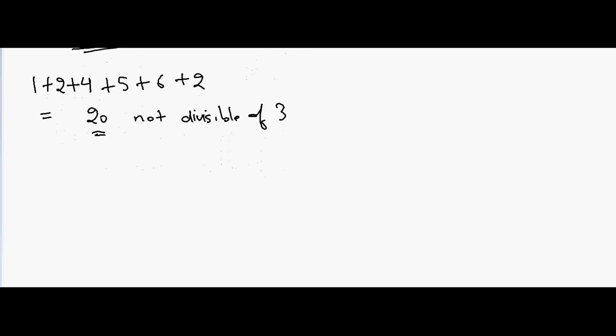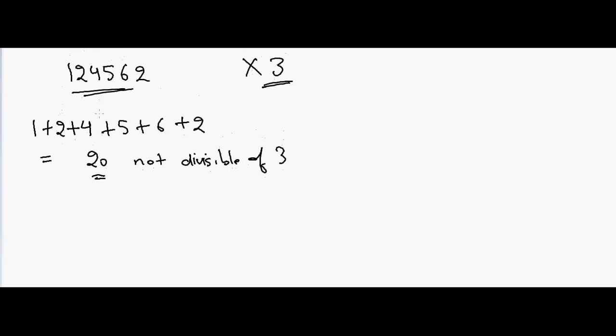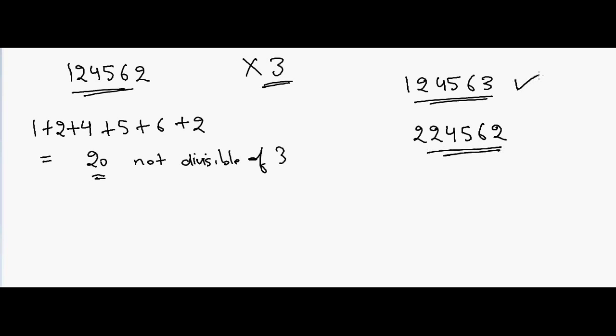So what should the number be if it has to be divisible by 3? What would have happened is that instead of 2, if you make it 3, so 1, 2, 4, 5, 6, and we write 3 in the end, then the sum will become 21. So that number should be divisible by 3. Or we can increase any other digit. We can say 2, 2, 4, 5, 6, 2. That should also be divisible by 3.